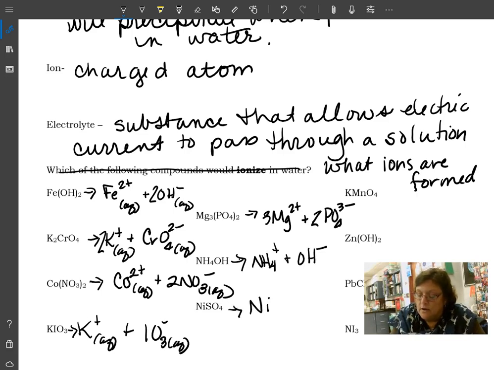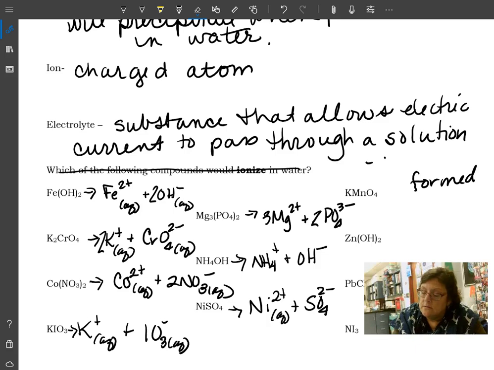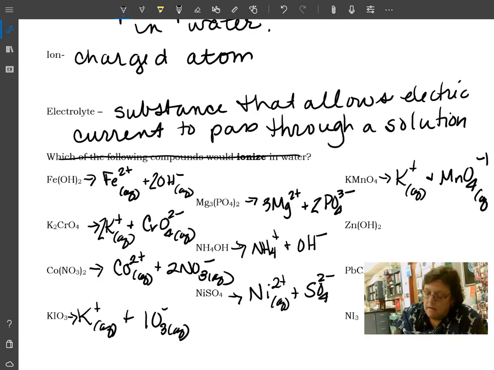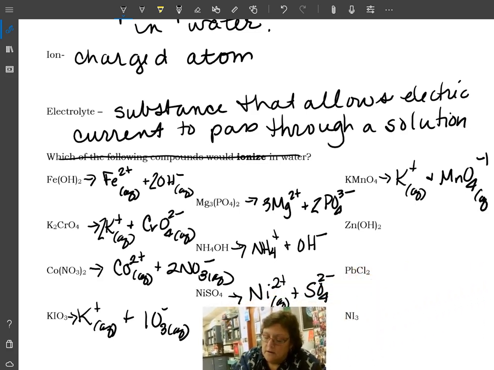Nickel 2 sulfate will dissociate into nickel 2 ions and sulfate ions. Potassium permanganate, I need more space, will dissociate into potassium ions and permanganate ions. My face is in front of these, so I'm going to move that.